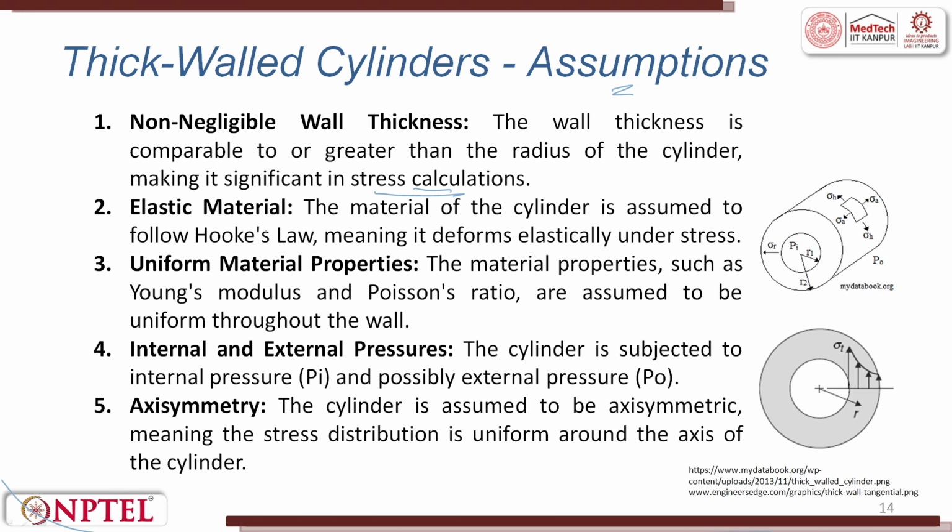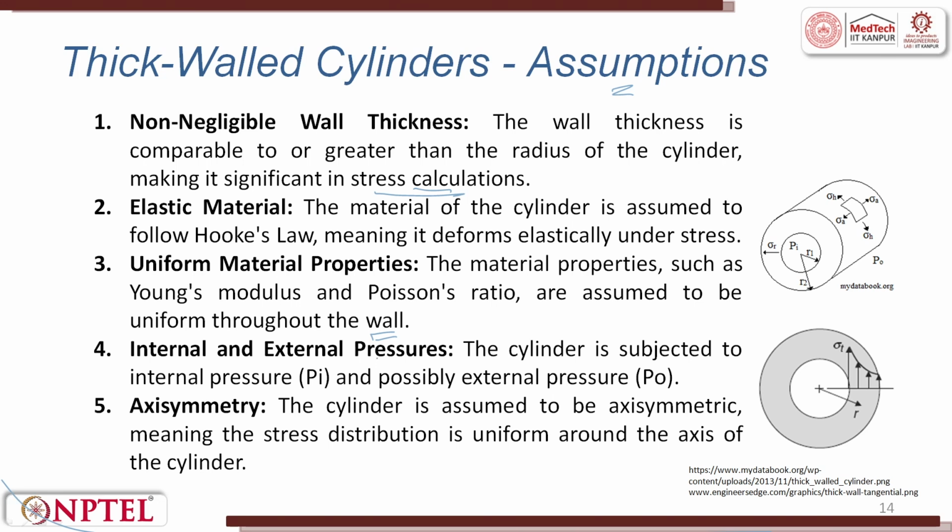The elastic material: the material of the cylinder is assumed to follow Hooke's law, meaning it deforms elastically under stress. Then we have an assumption, uniform material property. The material properties such as Young's modulus and Poisson's ratio are assumed to be uniform throughout the wall thickness.